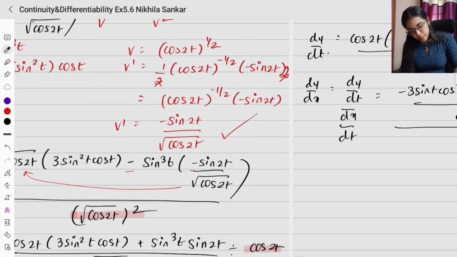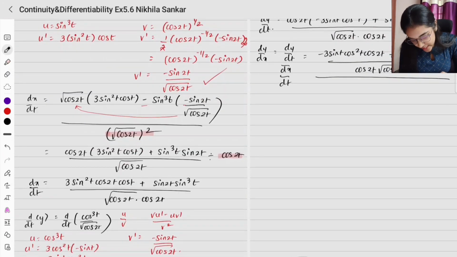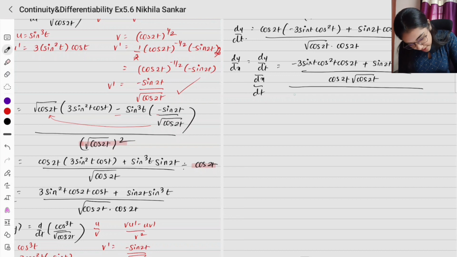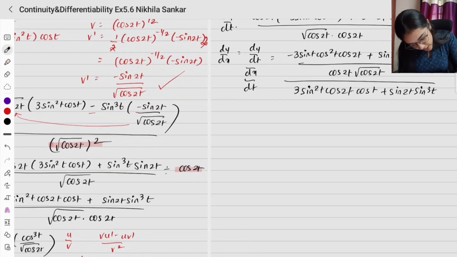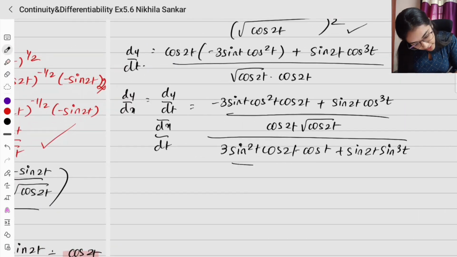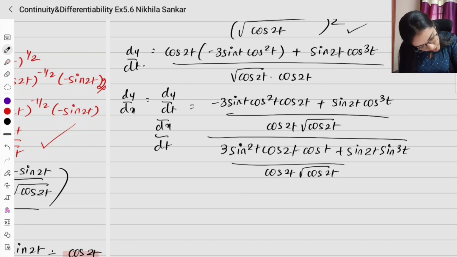Divided by dx by dt, what do we have? dx by dt is 3 sin square t cos 2t cos t plus sin 2t sin cube t, divided by the same denominator. So I'll have divided by cos 2t square root of cos 2t. I see that the denominator and the denominator will get cancelled. Now what is there in the numerator?